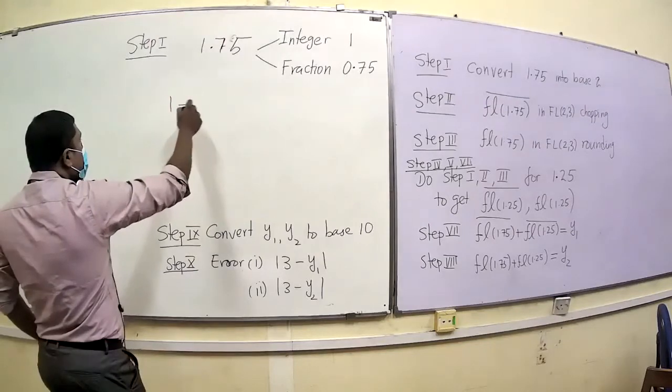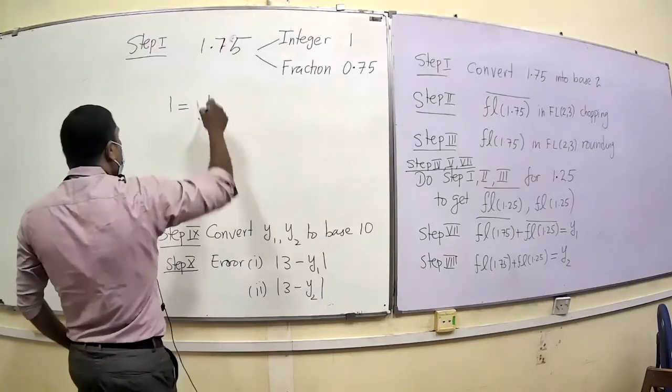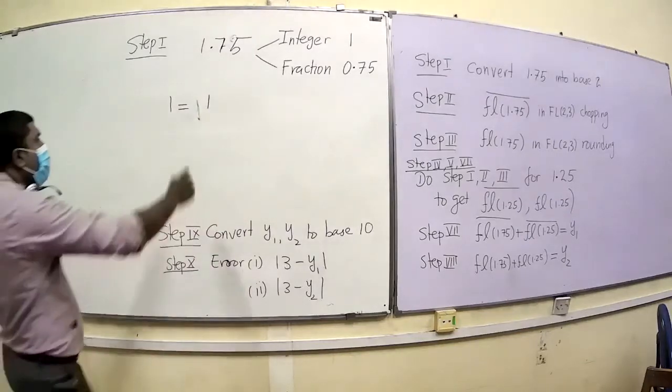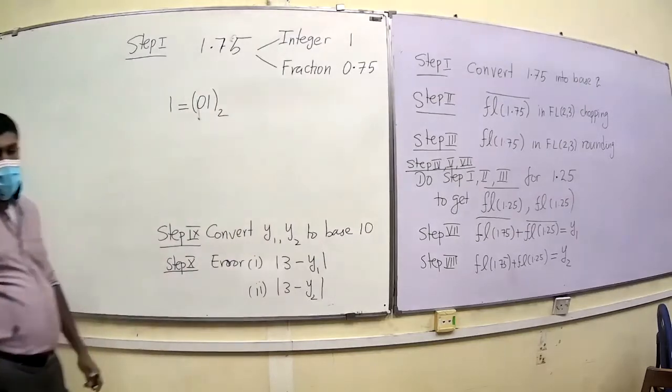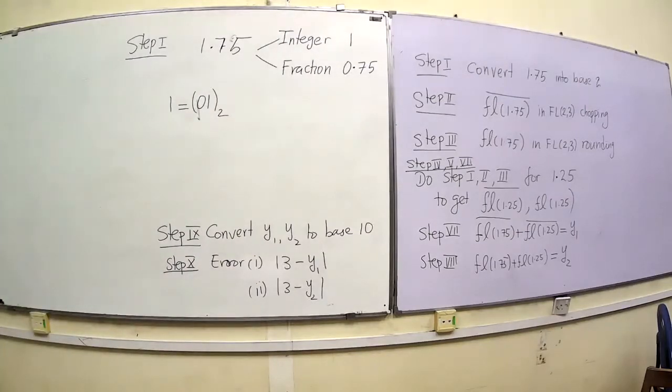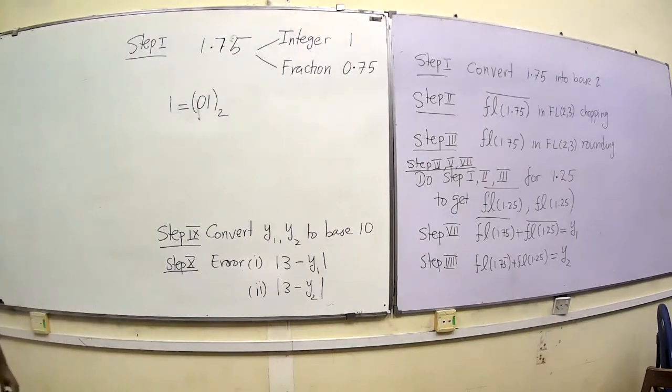So you know 1 is 1 in base 2. So no worries, 1 is 1 in base 2 as well. So you know that. 0.75 you have to convert it into base 2, right?